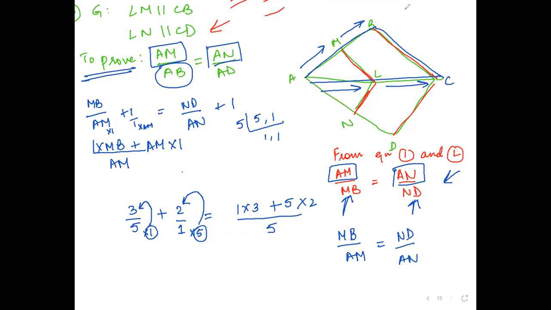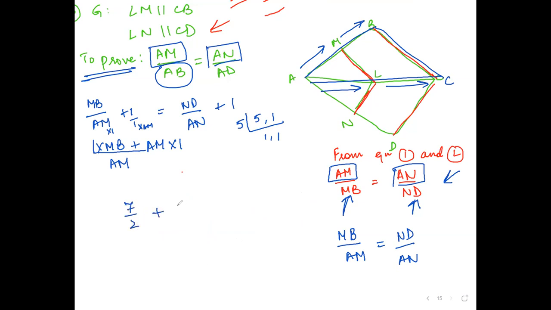Okay, now I take different examples. In this particular case you have 1 in the denominator, but you can also have some other number. For example, let me take 7 upon 2 plus 5 upon 3.